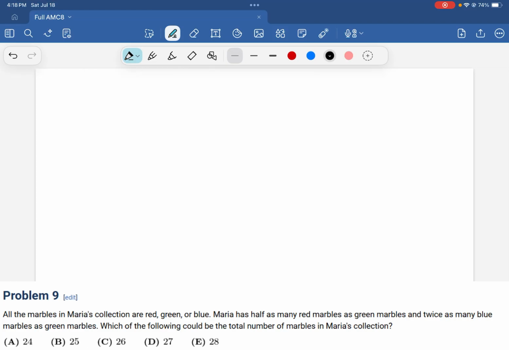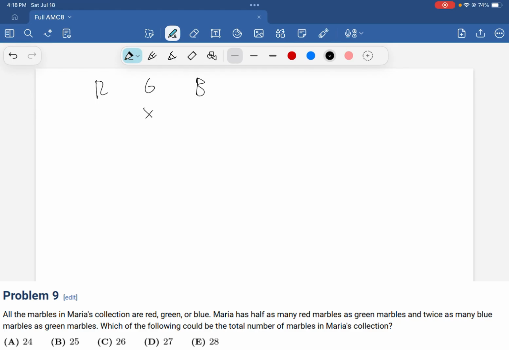Problem 9. All the marbles in Maria's collection are red, green, or blue. Maria has half as many red marbles as green marbles and twice as many blue marbles as green marbles. Which of the following could be the total number of marbles in Maria's collection? So if there are X green marbles, then we want to find R, the red marbles, and B, the blue marbles.